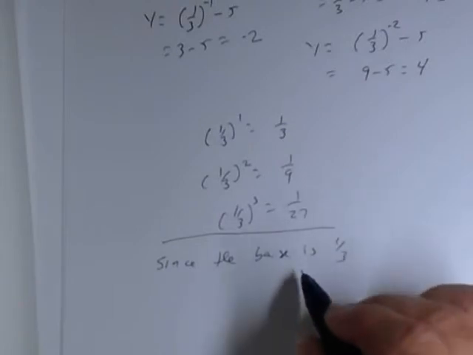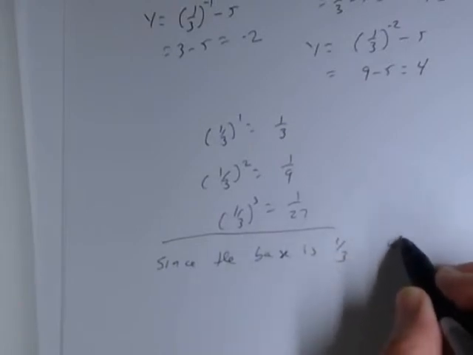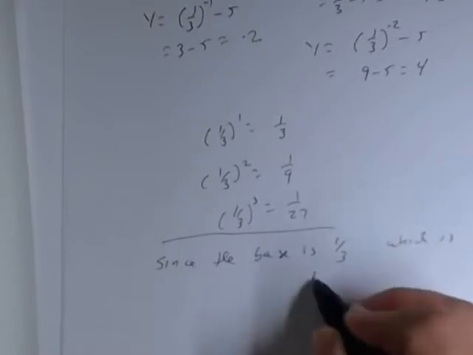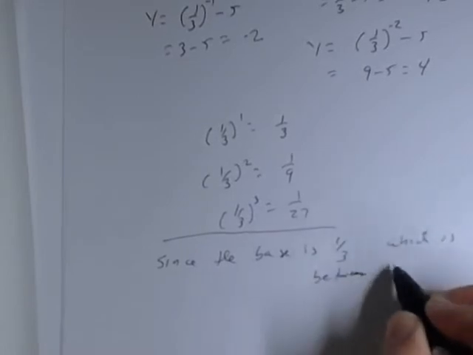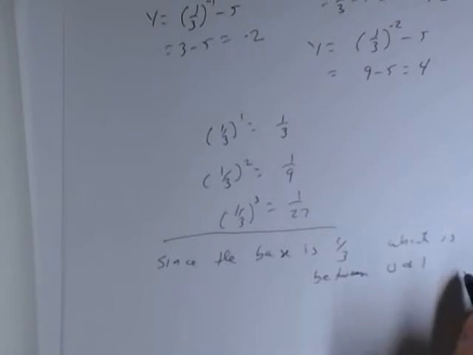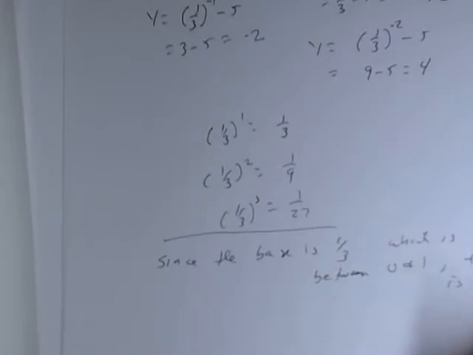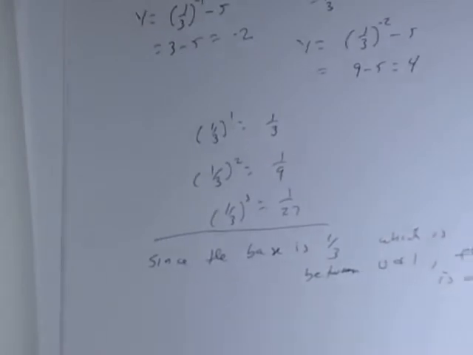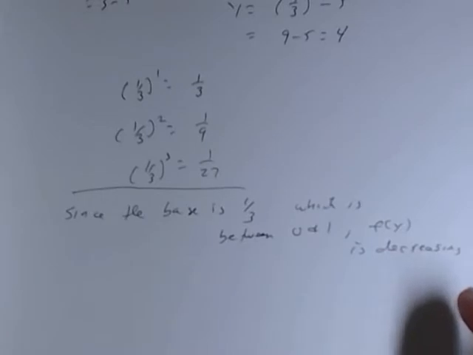So I'm going to write this. Since the base is 1/3, which is between 0 and 1, f of x is decreasing. So all of this helps you to draw an exponential function.